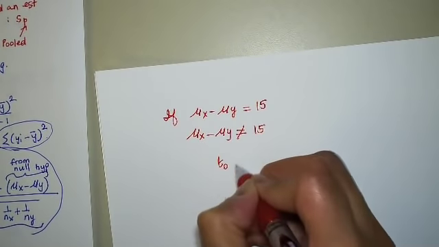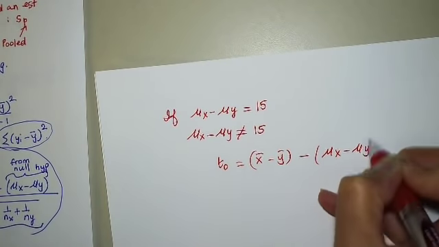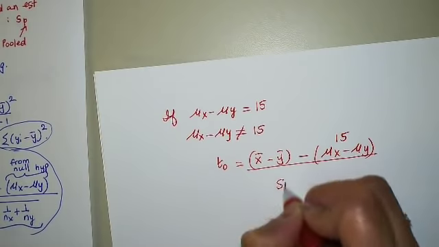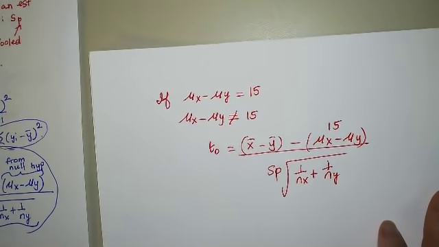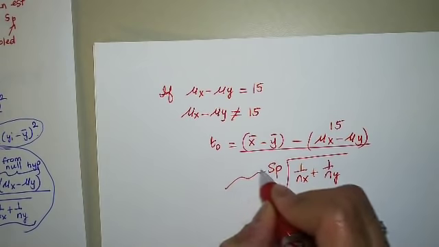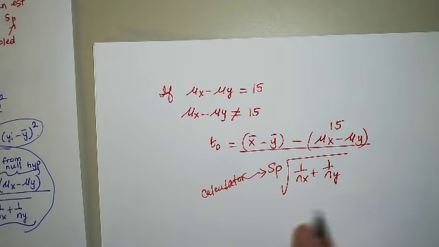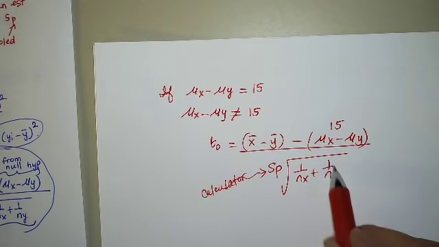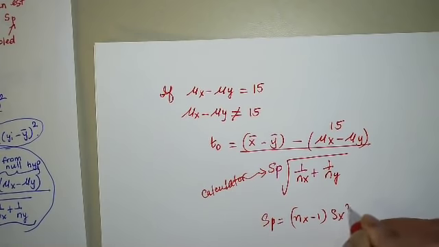So from page 3, notes from the last time, if mu x minus mu y was, say, 15 versus mu x minus mu y not equal to 15, I would do it like this: T naught equals x bar minus y bar minus mu x minus mu y, which is now 15, over SP times the square root of 1 over nx plus 1 over ny, like so. And SP, I'm going to cheat and take it from the calculator.